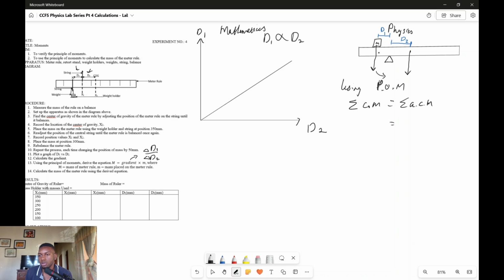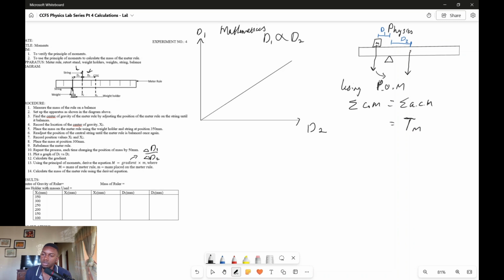It will rotate around the pivot like this, and that direction would be anti-clockwise. So this mass holder is going to create an anti-clockwise moment. The moment created from the masses is on the anti-clockwise side.